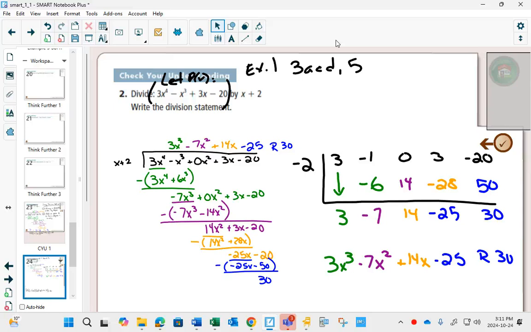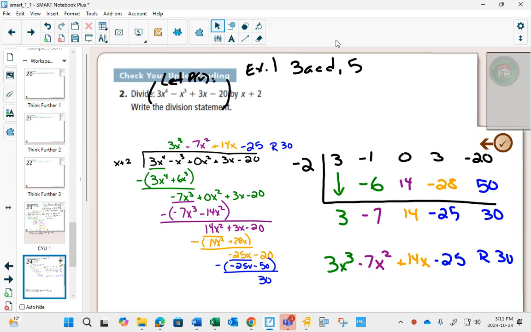Alright. How did you get the number down below, negative 6 and 14? The 3 obviously comes down, because if it's just an x, you need to multiply the 3 to get the 3. When I underline that first number down and there's a 3, you have to multiply to get the 3. So that first number just comes down.